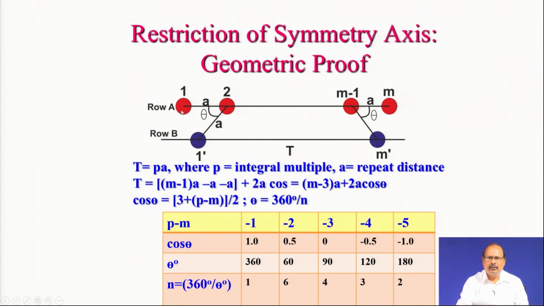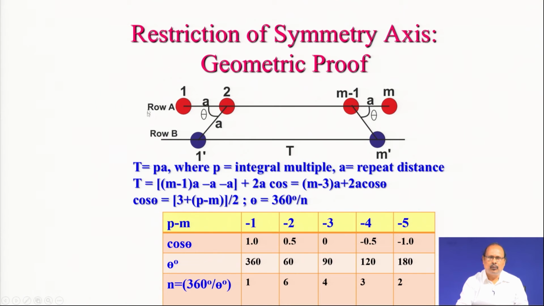this is one motif here, and along this direction this motif is translated along one repeat length here. Let us consider that is A. So, after translation for a distance of A unit, this comes to position 2 and then it is translated along this direction, and then the final position is the mth position here, where it comes here, and the preceding position is the m minus 1th position here.